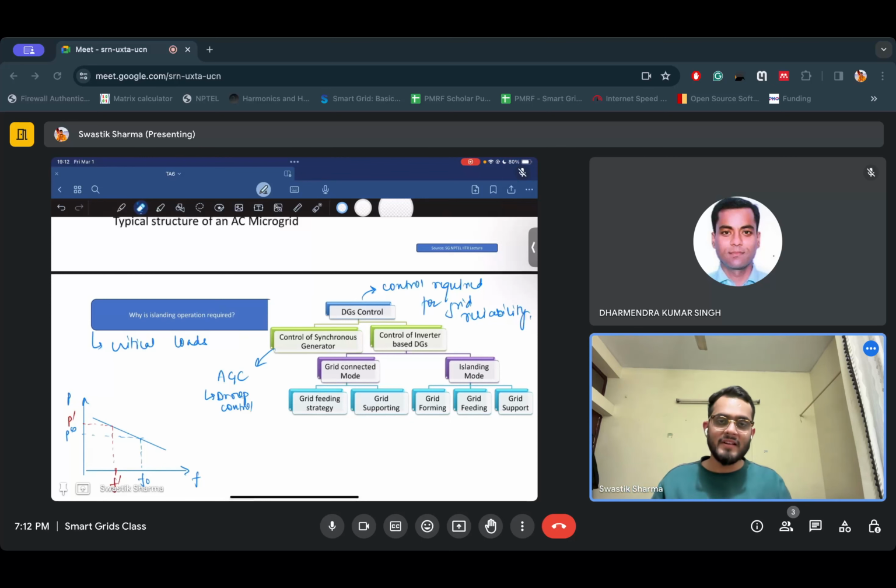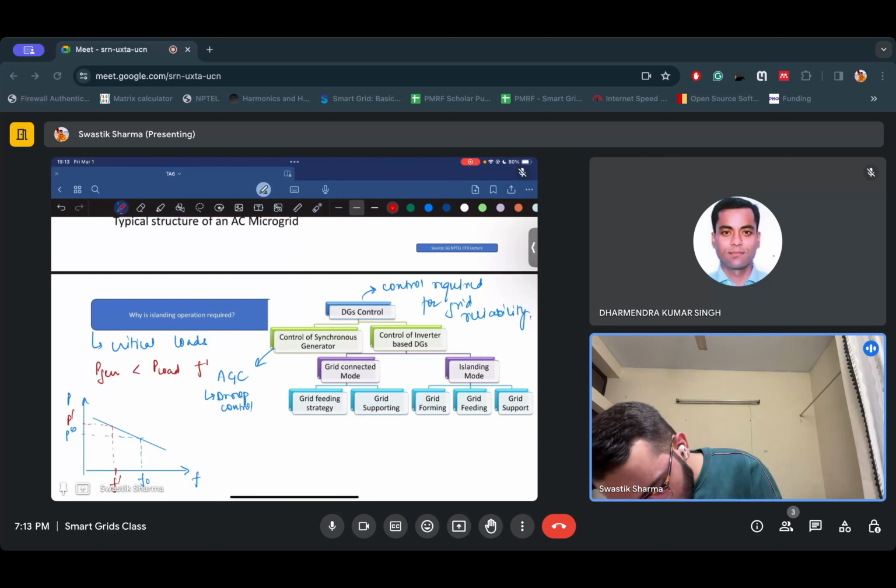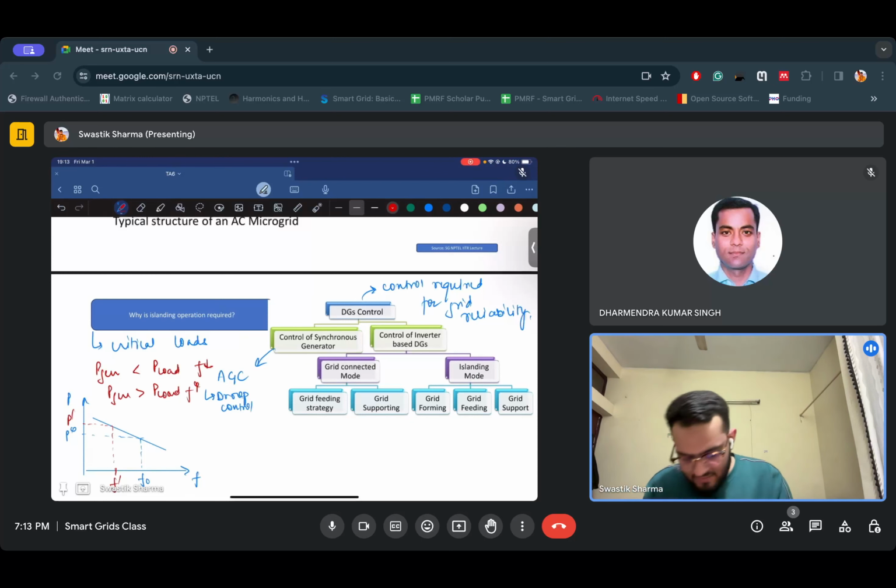If the frequency falls, the new mode of operation comes up with this P dash, frequency F dash. So if P generation is less than P load, your frequency falls. If P gen is greater than P load, your frequency increases. Let's say your new frequency is F dash and it requires P dash amount of power. What you do is increase the power being supplied from your generator. So you increase it like this.